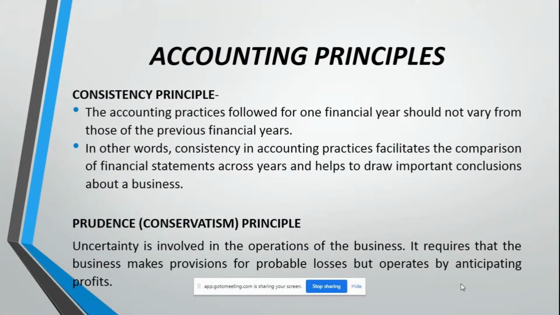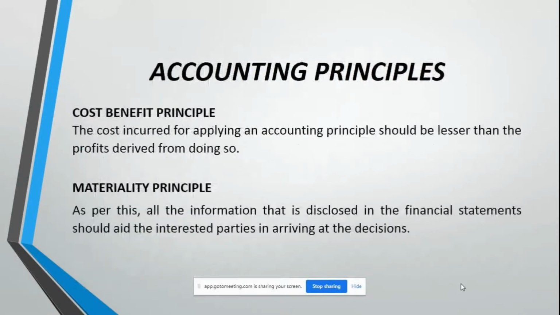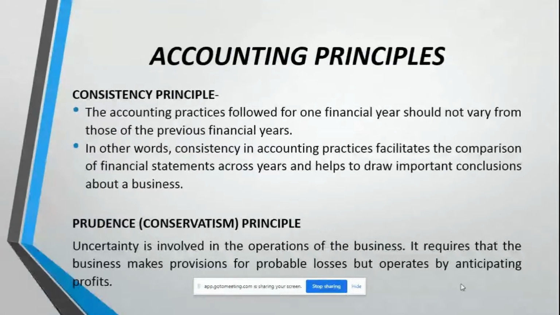Okay, so this is extremely important. All the four accounting principles which we have discussed here: we have cost benefit, we have the materiality principle, we have the consistency principle, we have the prudence or conservatism principle. So we have covered accounting assumptions, accounting concepts, accounting principles.